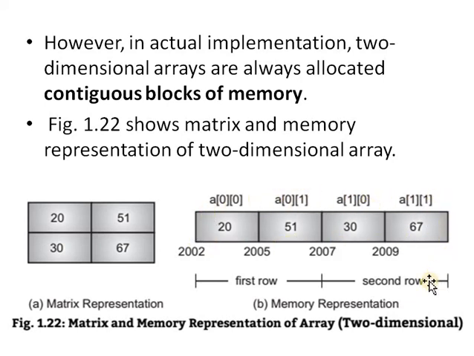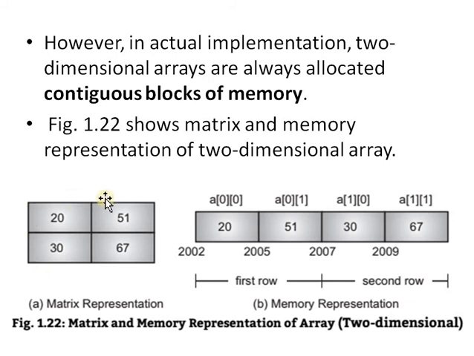Here is a memory representation. In the memory representation, these are the array values or the array elements. These are the indexes used for accessing the two-dimensional array elements, and these are the memory locations. The first two are the first row and these are the second row.